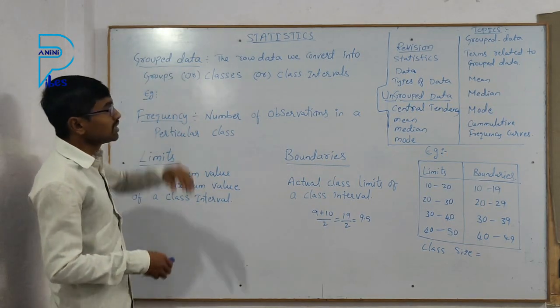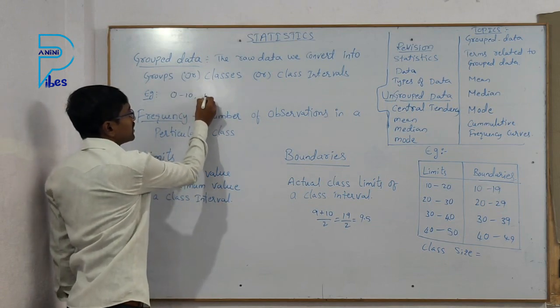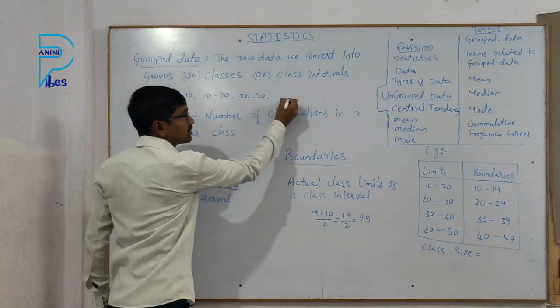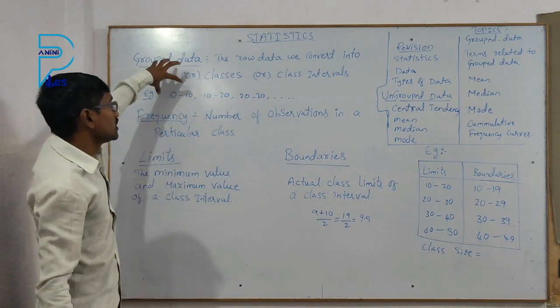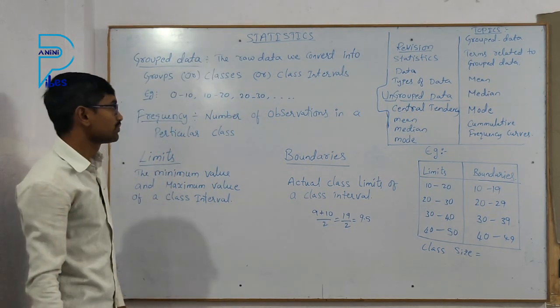For example, 0 to 10, 10 to 20, 20 to 30, and so on. Like this we convert into class intervals depending upon the observations.